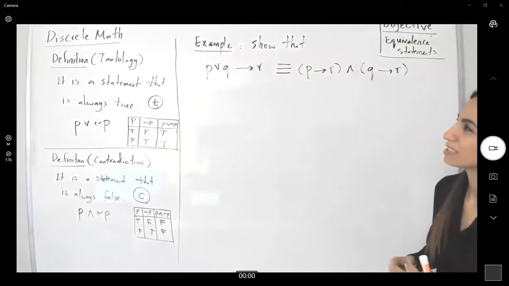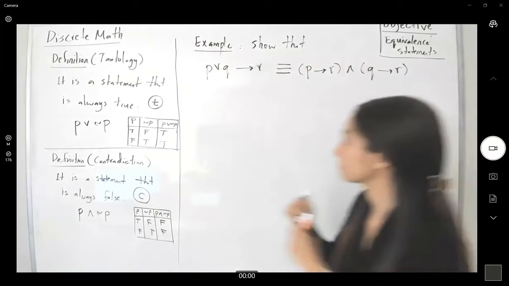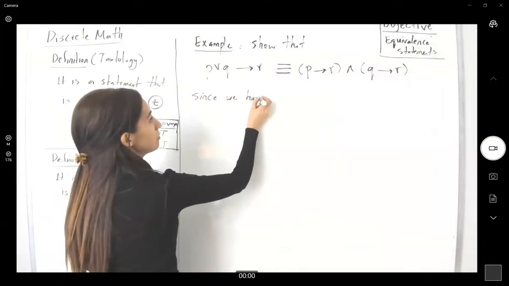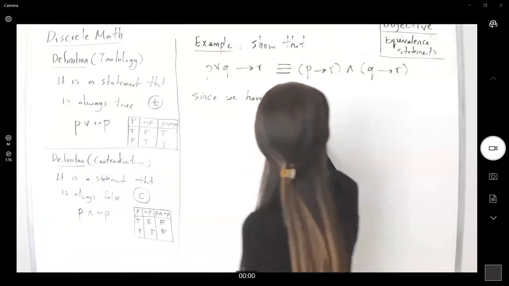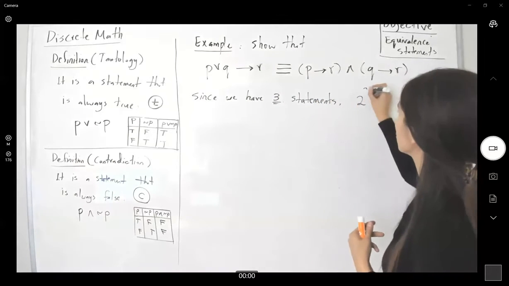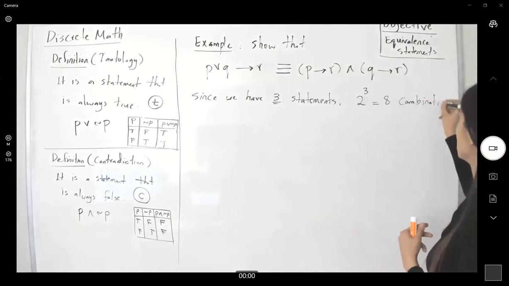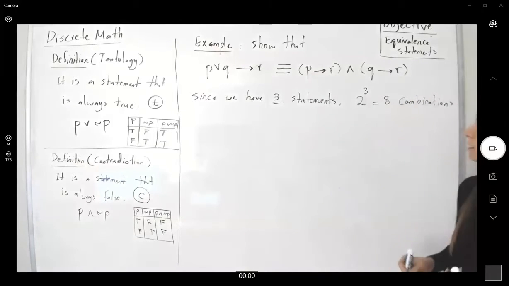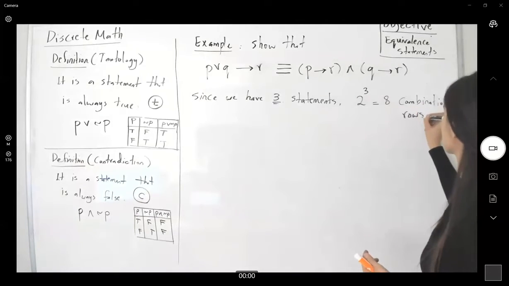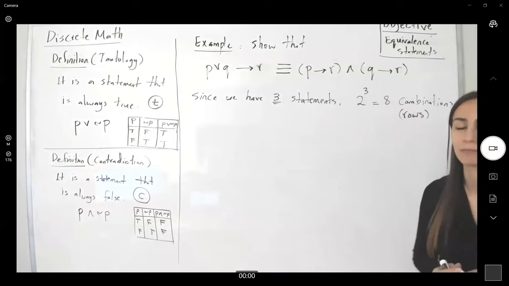You might say, hey, I have 3 statements, P, Q, R. Since they have 3 statements, they have 2 to the third or 8 combinations. Or you're going to have 8 rows, which is going to be a very huge table.